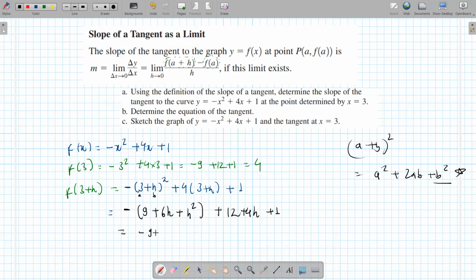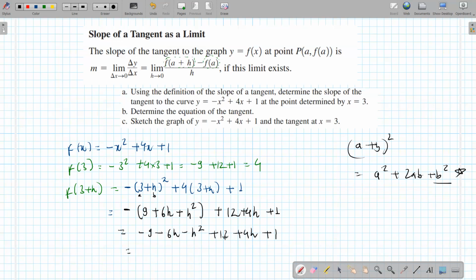So that'll be negative 9 minus 6h minus h squared plus 12 plus 4h plus 1. Any like terms? 12 plus 1 is 13, minus 9 is a 4. The highest power is negative h squared, and negative 6h plus 4h is minus 2h. And there you go. That's what f of 3 plus h is.